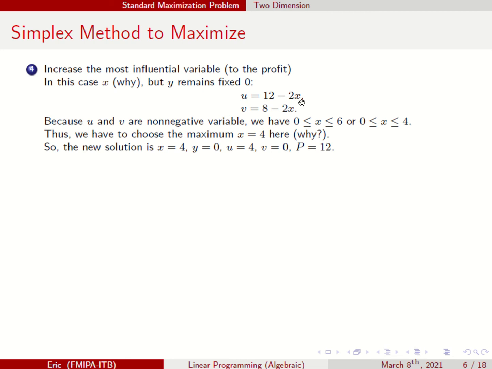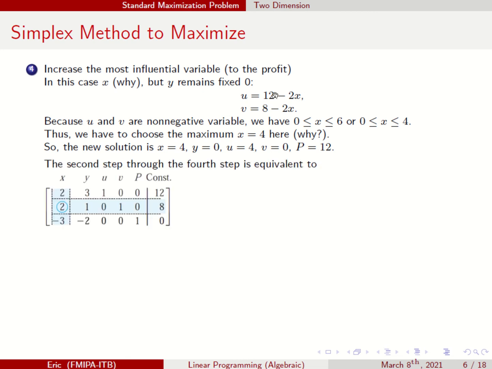Okay, so this step I can summarize as follows. In the simplex tableau, first of all, you want to find the most influential variable. I want to find what we usually call the pivot column. So you choose the x column, because this is the most influential variable to the profit, the most negative one.